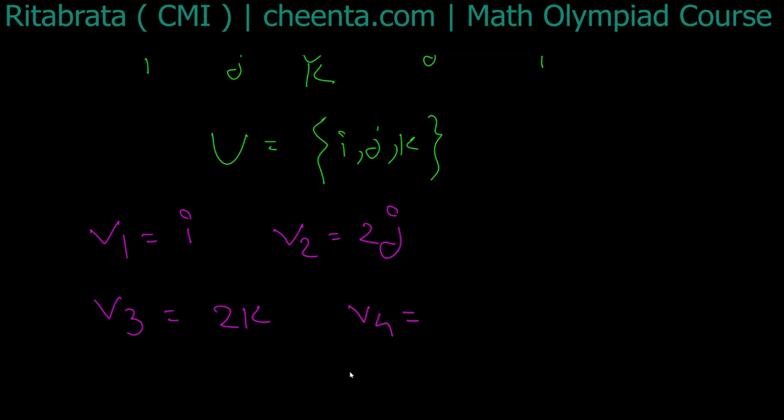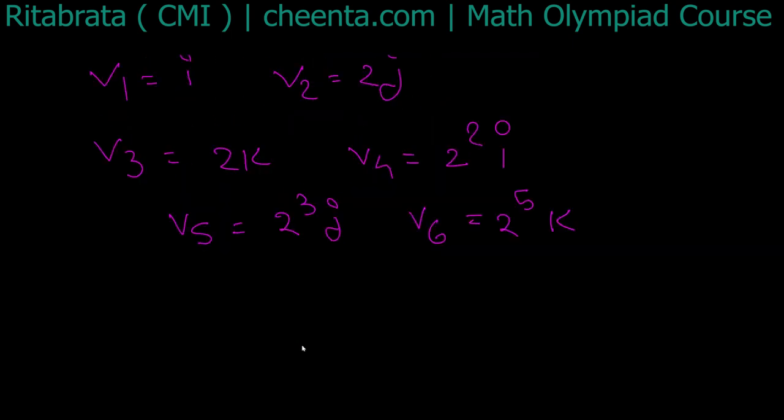V4 equals V2 cross V3, so 2 square into J cross K, I, 2 square times I. V5 equals V3 cross V4, that is 2 cube times J. V6 equals V4 cross V5, that is 2 to the power 5 times J cross I, which is K. So I, 2J, 2K, 2 square I, 2 cube J, 2 to the power 5 K. Now in the next term the power should be 2 to the power 8, then 2 to the power 13. It's an AGP, an arithmetic geometric progression, the powers of 2 are in that way.